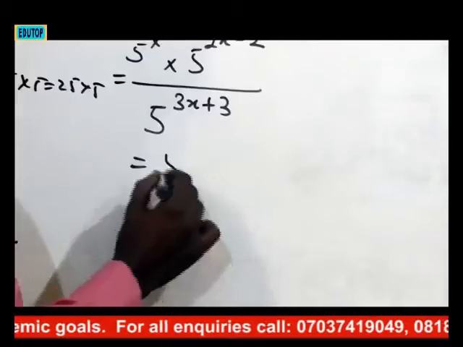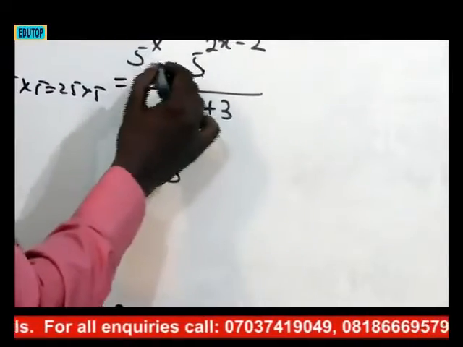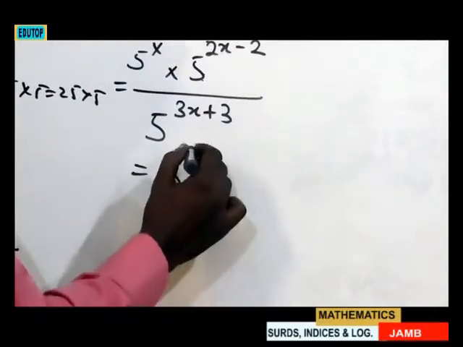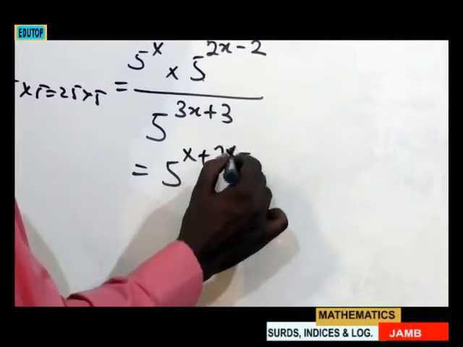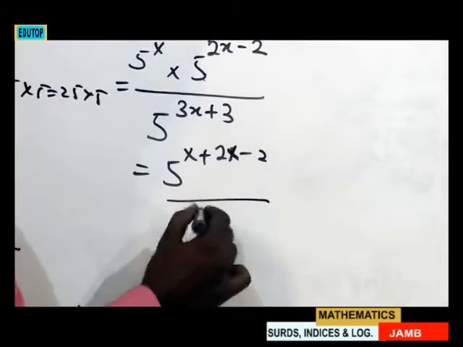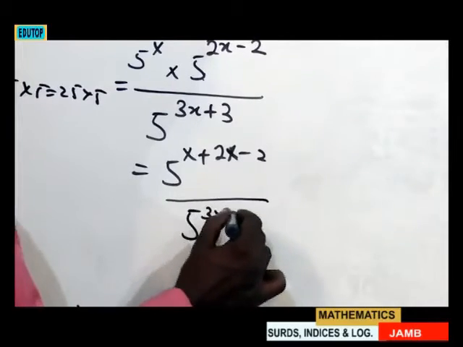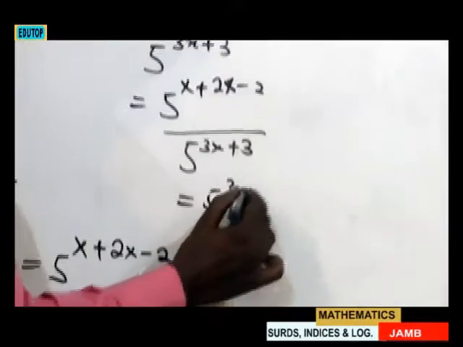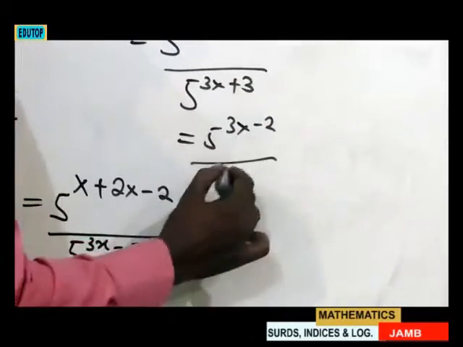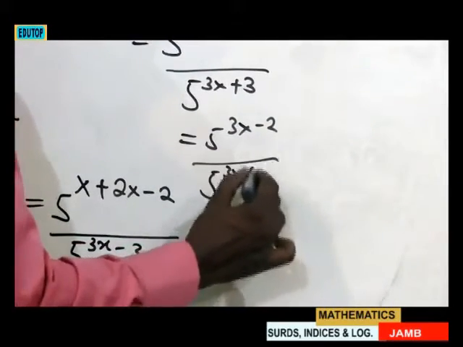Then we have, by combining them, see they have a common base and there is multiplication, law of indices, x plus 2x minus 2 over 5^(3x plus 3). So here you have 5^(3x minus 2) over 5^(3x plus 3).